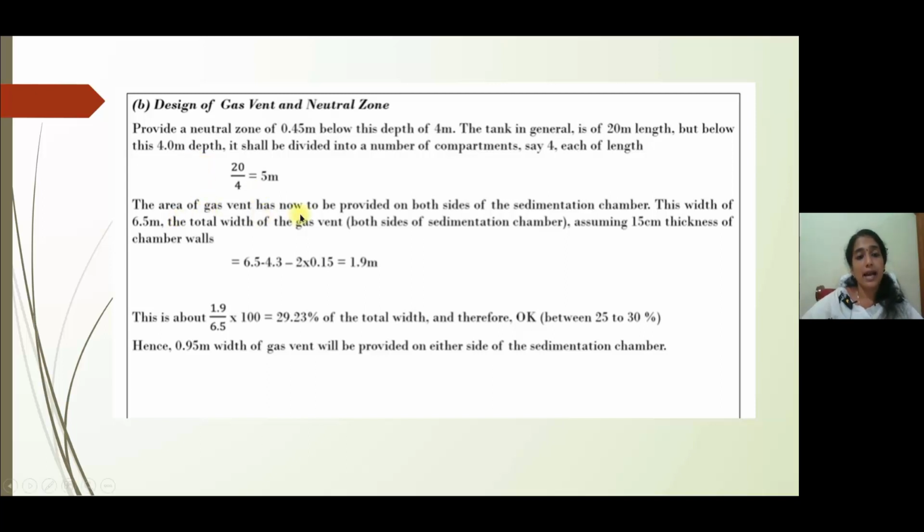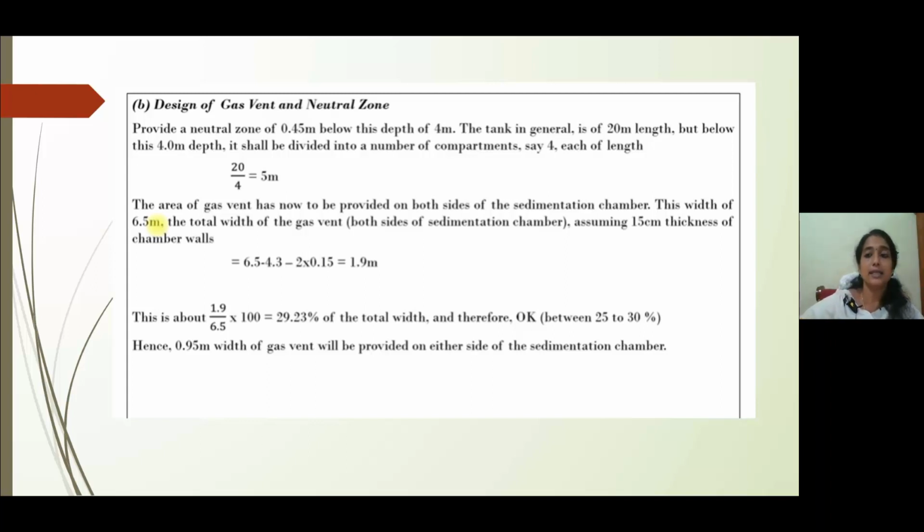The area of gas vent has now been provided on both sides of the sedimentation chamber. The width is adopted as 6.5 meter. That is the total width of the digestion chamber, including the sedimentation width, that is 4.3 meter.